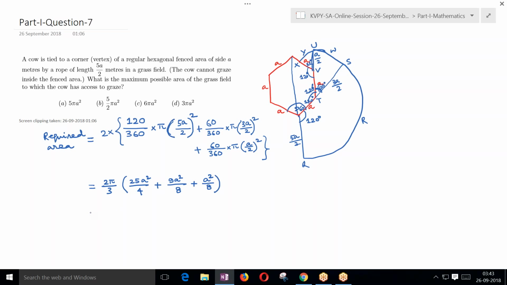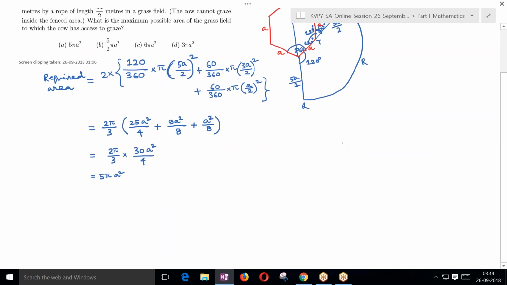So this is equal to 2 pi by 3 into 30 a square divided by 4, and that is equal to 5 pi a square. So that is equal to 5 into pi into a square, and we get the correct option as A.